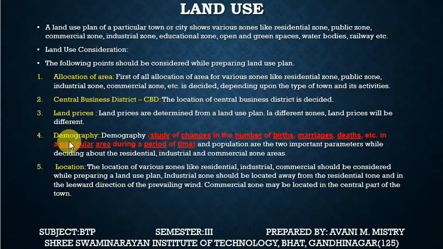Then demography, that means study of the changes in the number of births, marriages, deaths, etc. in a particular area during a period of time. Demography and population are the two important parameters while deciding about the residential, industrial and commercial zone areas.